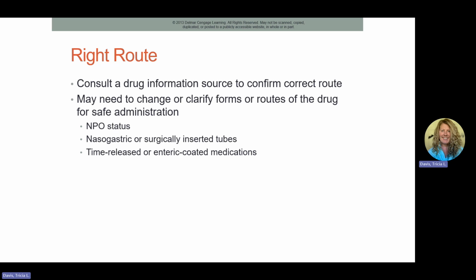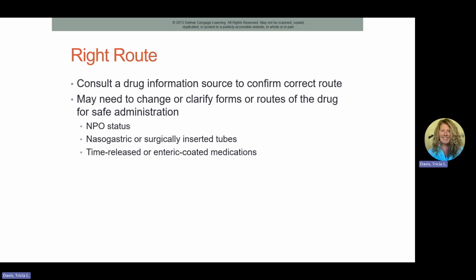If we have medications that are going to be given through a nasogastric tube or a tube that's been surgically inserted into the stomach, then the route should not be ordered as PO because it's not going to be by mouth. It should be by G-tube, okay? And then we have to also be cognizant of time-released or enteric-coated medications. So you might have a patient who had a stroke that has some dysphagia and has some difficulty swallowing, and maybe they can't swallow whole pills anymore.